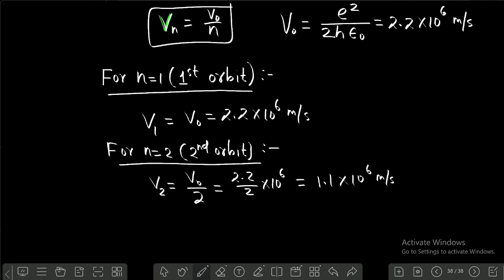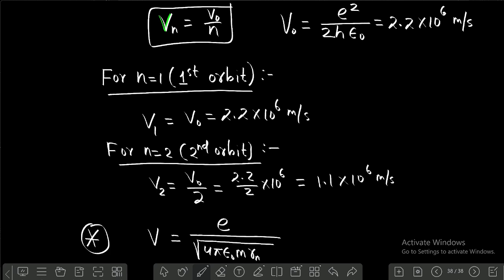Boys, completed? Now on a star mark point, write. In the NCERT book, how is velocity given? It is given as e divided by root under 4 pi epsilon naught m Rn. This velocity expression is given in the NCERT book.